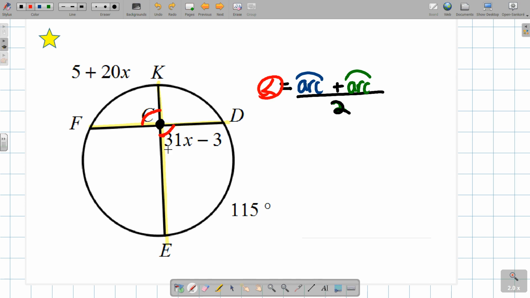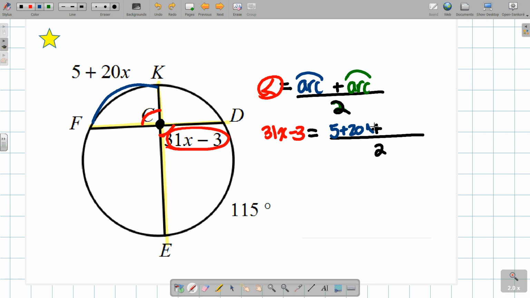Angle equals 1 arc plus the other arc over 2. Finish it up and then find every possible arc and angle.